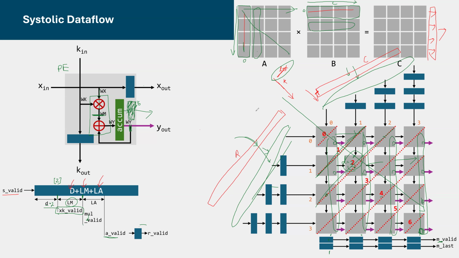But then that will have the problem that you can't do back-to-back matrices. Here the idea is that the moment you are done with the previous matrix, you can start the next matrix as long as your data is shifted out, right? So if you are able to shift the data out, then you can start the next matrix immediately, right?